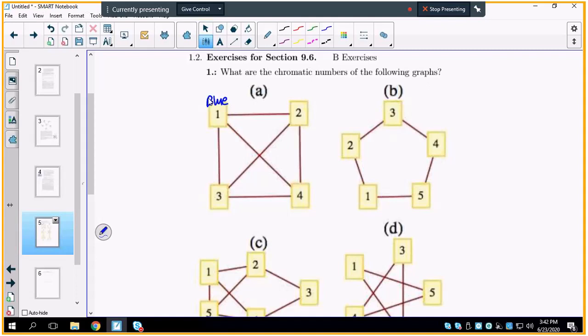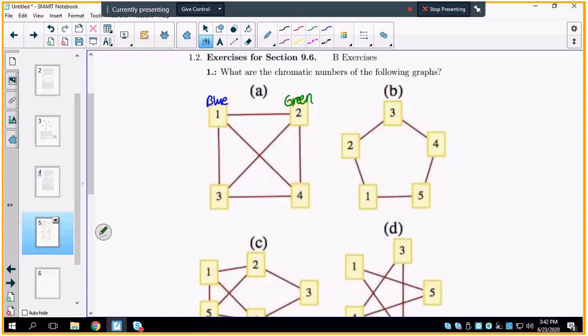But I look and I see that 1 is connected to 2, 1 is connected to 3, and 1 is connected to 4, because this is in fact a complete graph, the complete graph on 4 vertices. So right away I can say, okay, well, I'm not going to be able to give any of them the color blue, so I could move on to the next color.